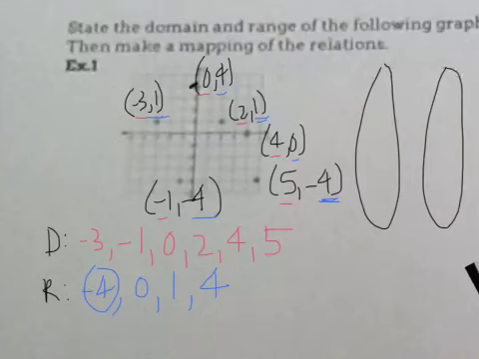So we're going to place all of our domain values over here: -3, -1, 0, 2, 4, 5. And my range over here: -4, 0, 1, and 4. To make this into a mapping, we need to draw arrows to show what my input changes into.